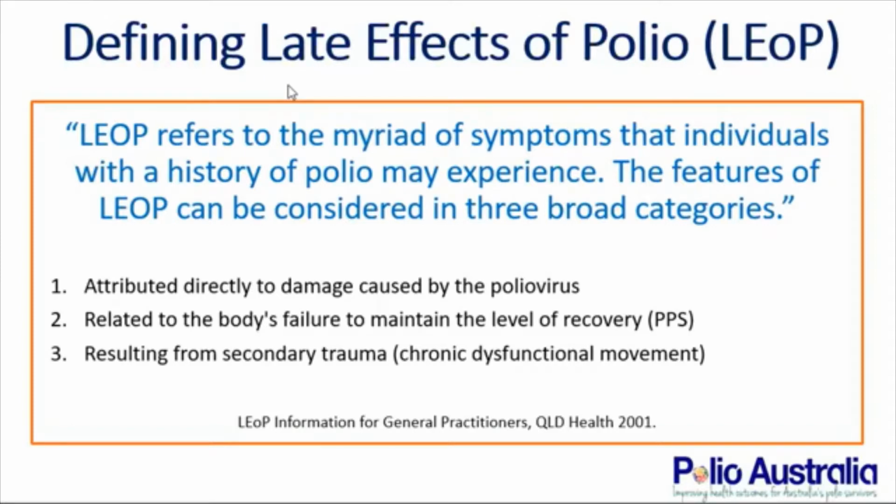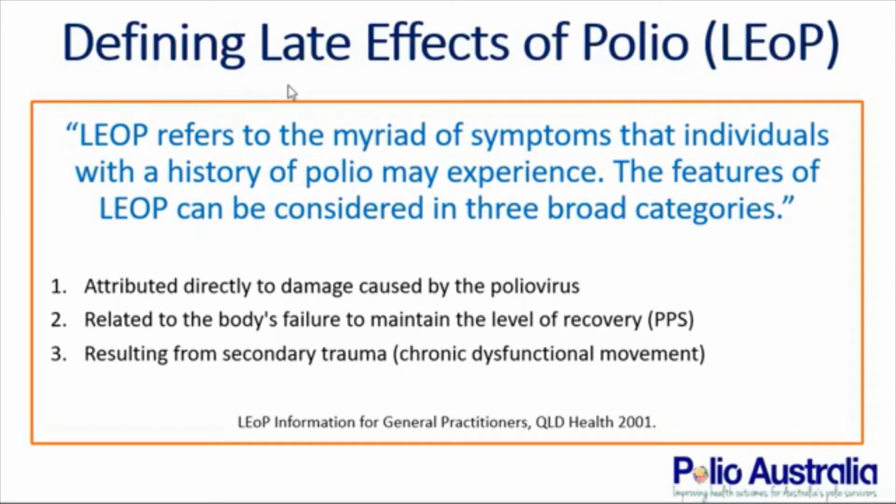The features of late effects of polio can be considered in 3 broad categories. We're going to go through these categories of features. But I just want to point out that the late effects of polio is a larger umbrella term to describe what polio survivors face in their later years.